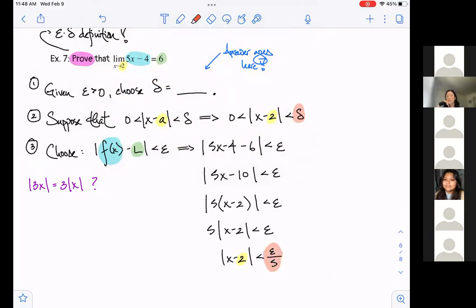And look what we got: epsilon over 5. What this means, we're now going back to 1. So given any epsilon greater than 0, if we let delta equal epsilon over 5, then this limit will be true.